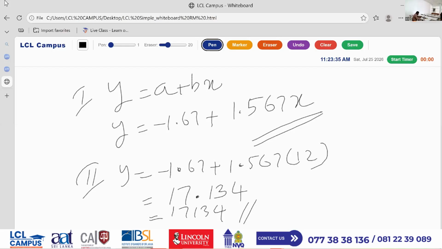Mode, REG, number 2, LIN 1. 4, 5, M plus. 6, 8, M plus. 7, 9, M plus. 10, 14, M plus. 14, 20, M plus. 20, 30, M plus.